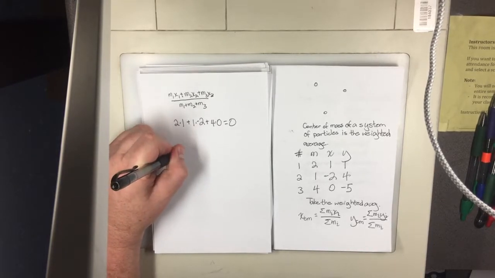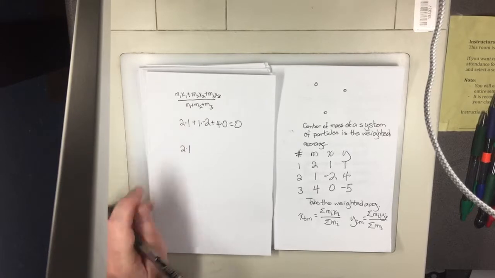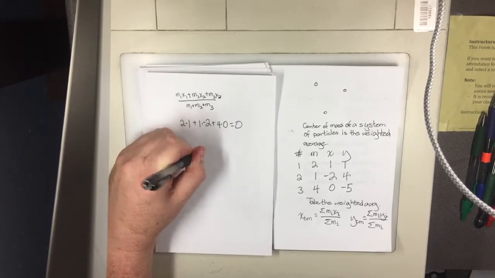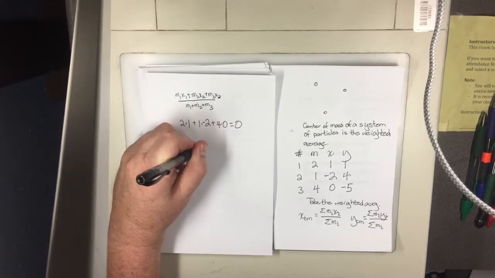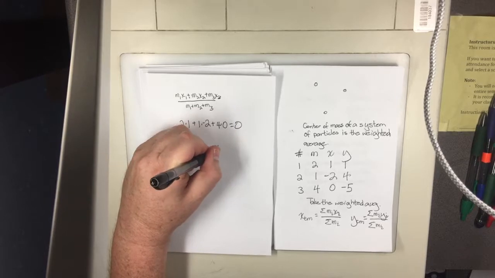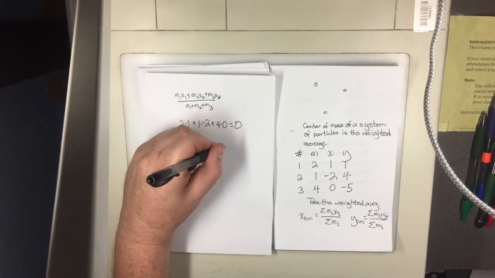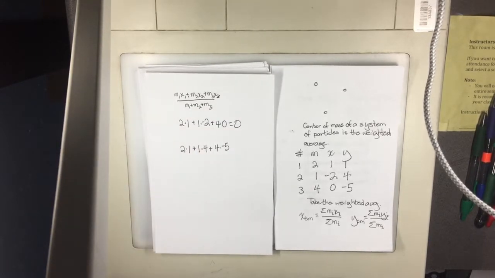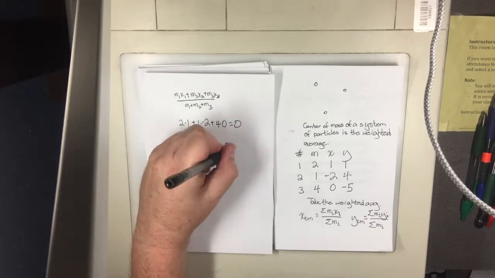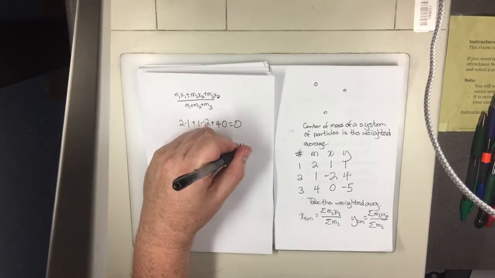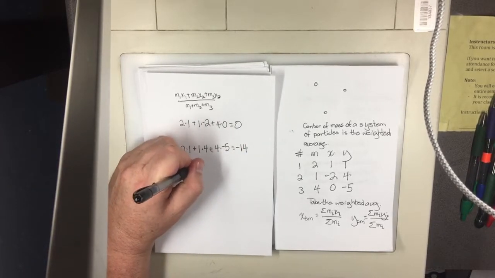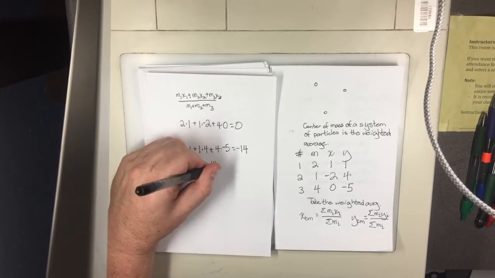M1 is 2, y1 is 1, m2 is 1, y2 is 4, m3 is 4, y3 is negative 5. So 2 plus 4 is 6, minus 20 is minus 14. So my center of mass coordinates are 0, negative 14.